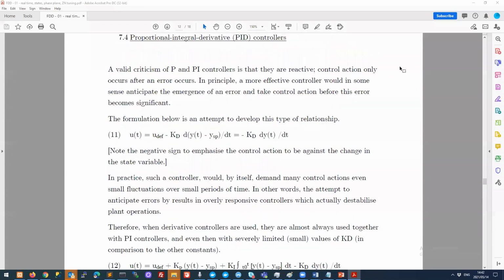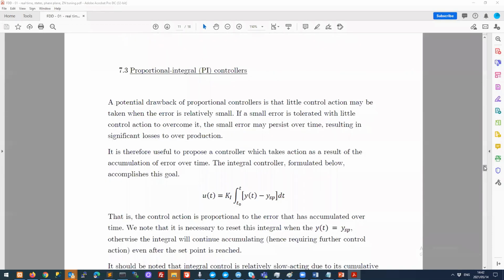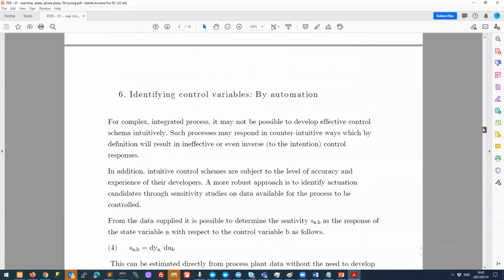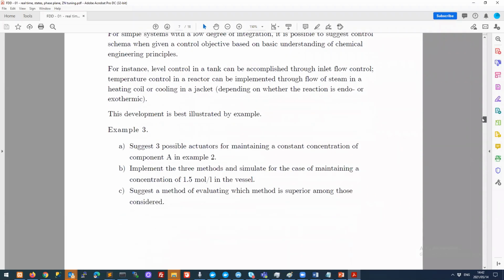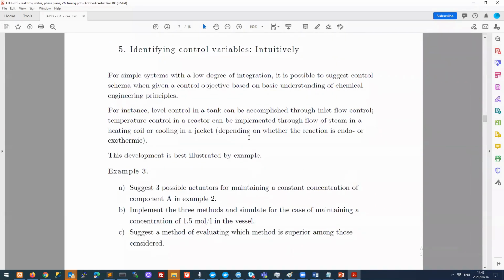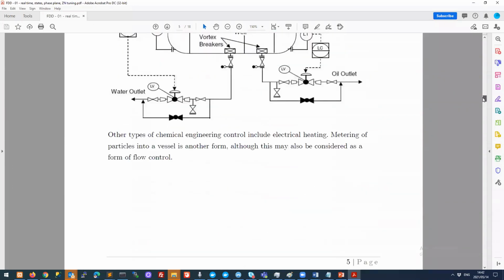Okay, so I guess this is a follow-on example for level control in a tank. It says here we've got level control in a tank through inlet flow control. This is the follow-on from example 2, which I think is a follow-on from example 1.